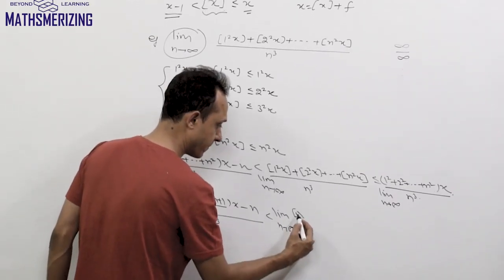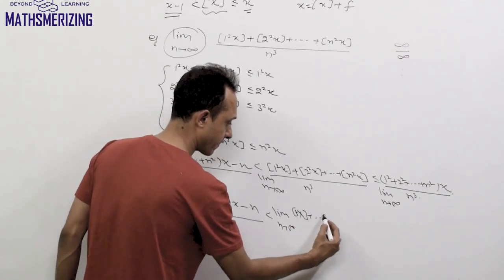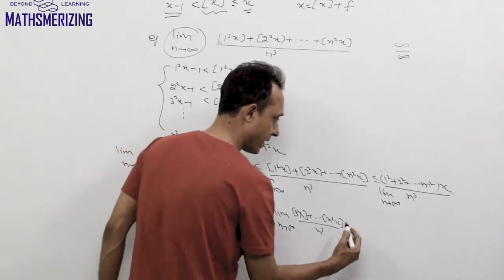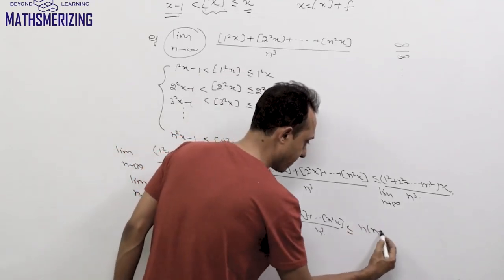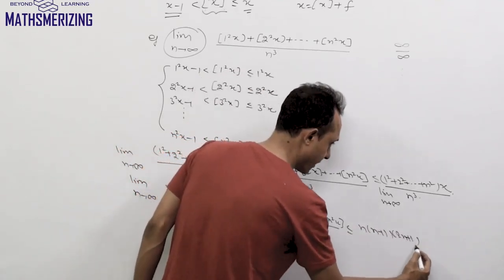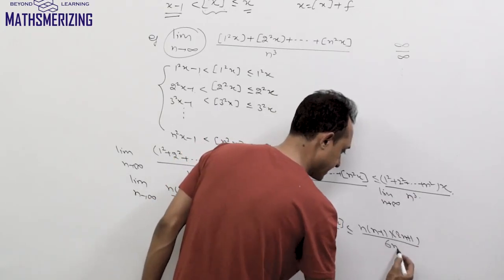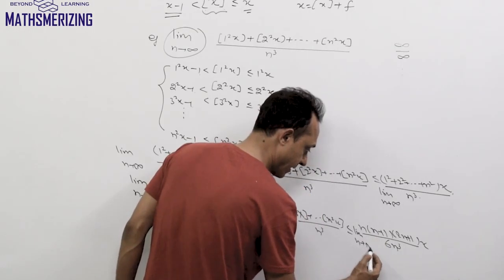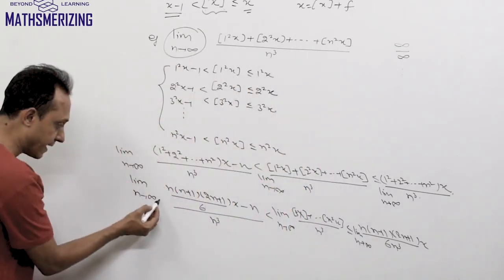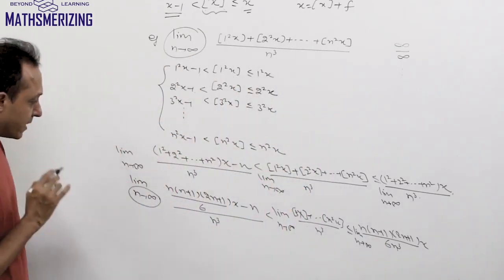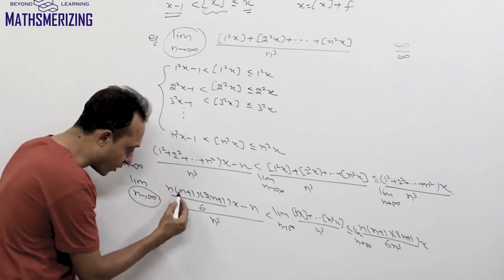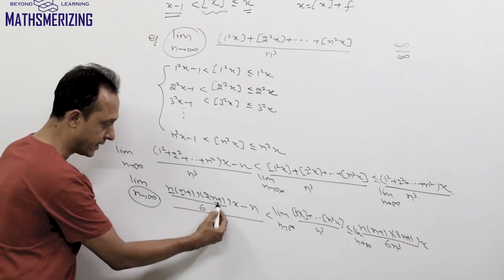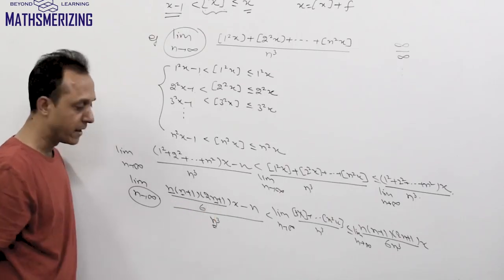So I'll simply write it as 1 square x up to n square x upon n cube, and this is again n into n plus 1 into 2n plus 1 by 6n cube into x, and this is limit n tends to infinity. Now it's an infinite limit. In an infinite limit, if the degree of numerator and denominator is the same, so the degree of numerator is 3 and the degree of denominator is also 3.